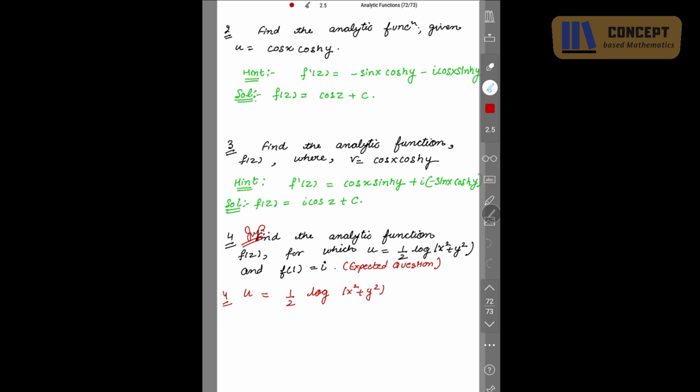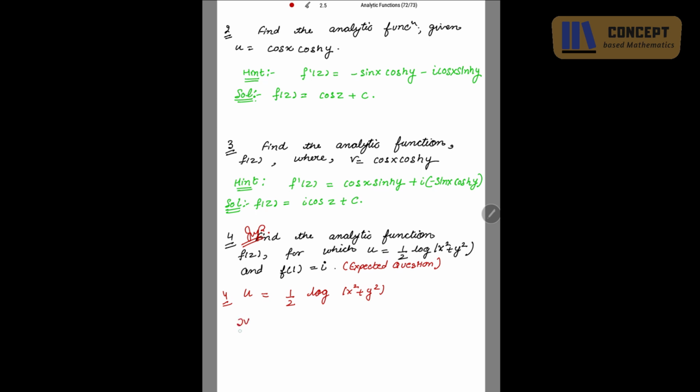So for introducing this analytic function f(z), I have to prove first that u is harmonic. Then only I will introduce f(z) as the required analytic function. So for introducing that analytic function, I have to show first that it satisfies Laplace's equation, u is harmonic, and then I should let the analytic function f(z). So I have to show that this u is harmonic.